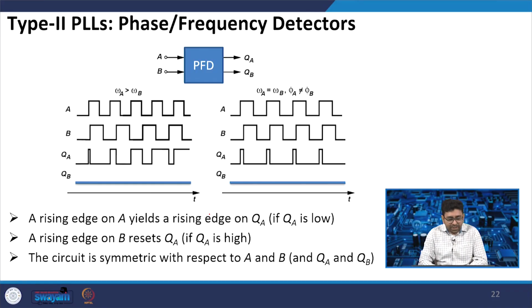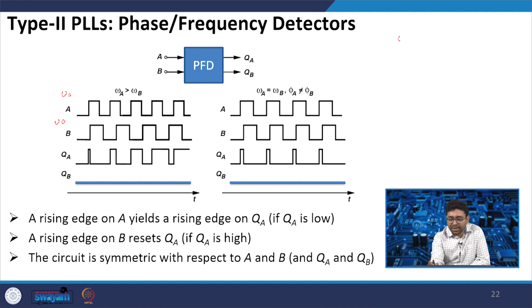Let us say there is an omega A frequency and an omega B frequency as shown in the figure. So, this is omega A and this is omega B. If omega A is greater than omega B, what will happen is that QA is increased.